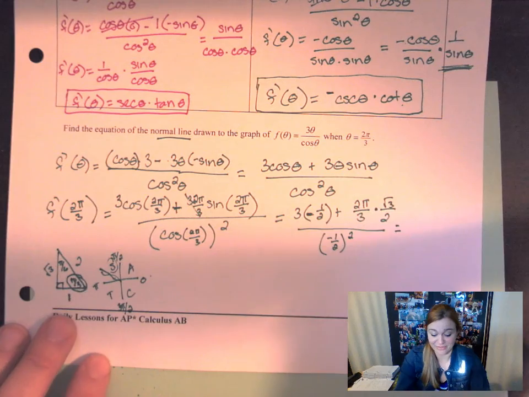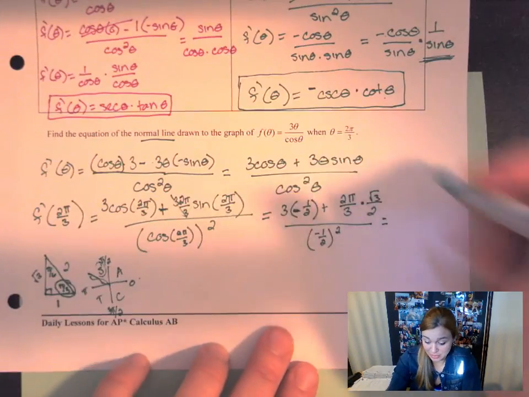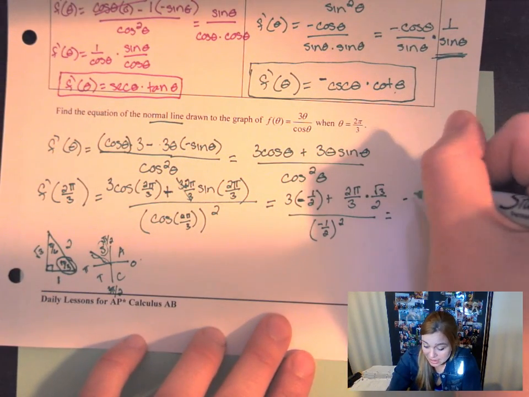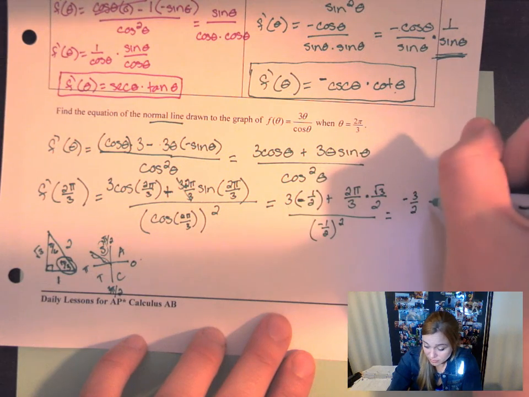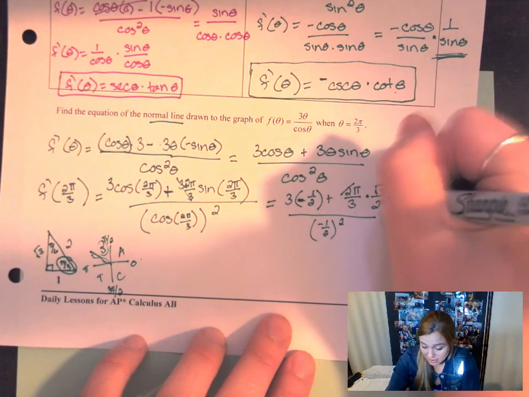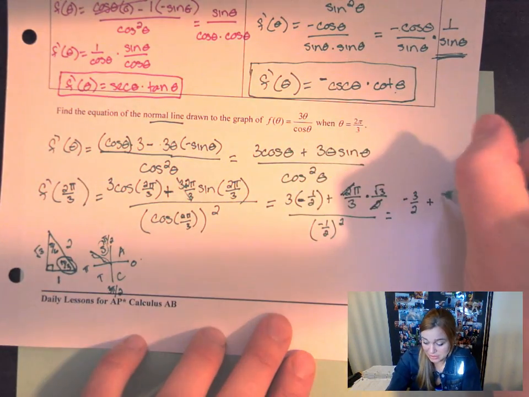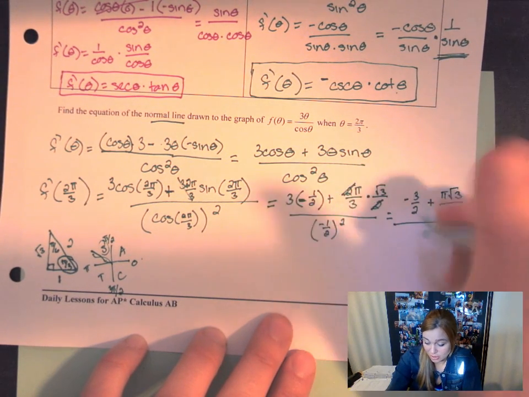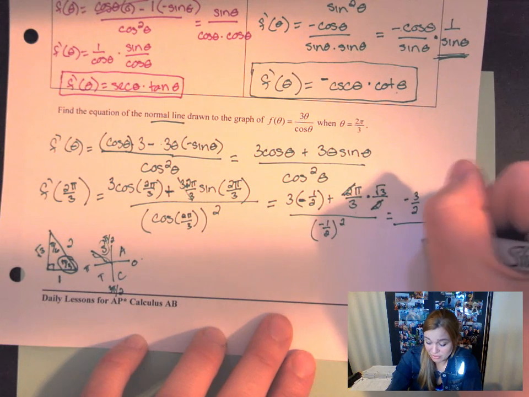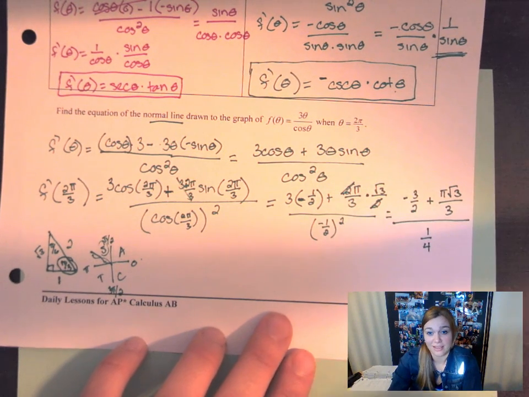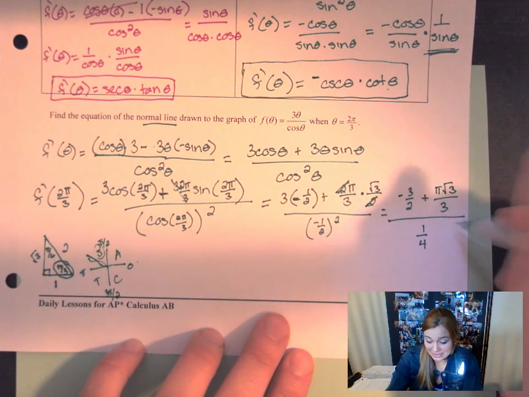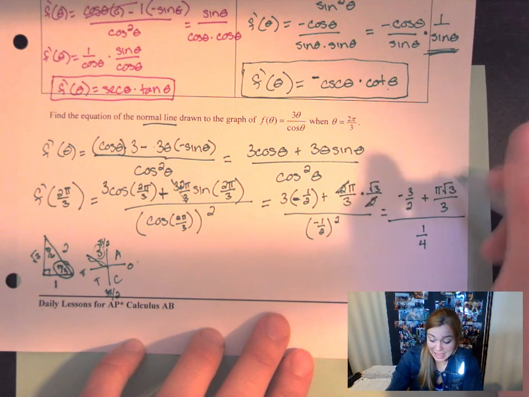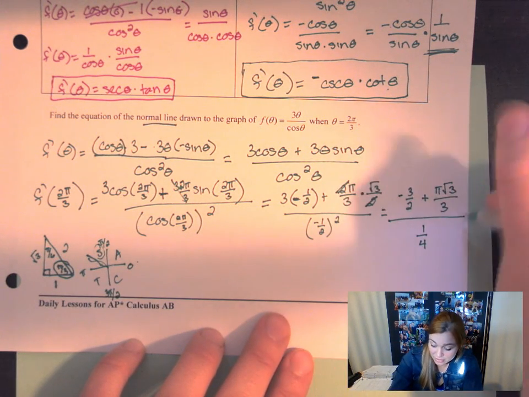I'm not going to simplify this much. This is going to be real gross, but this would be negative 3/2 plus, I can do just a little bit, plus pi root 3 over 3, over 1/4. If I wanted to, instead of dividing by 1/4, I can multiply everything by 4 over 1.